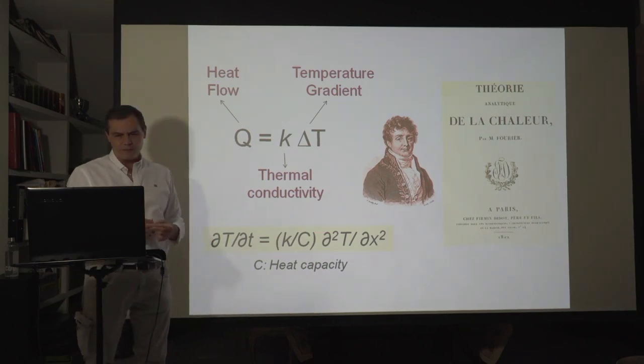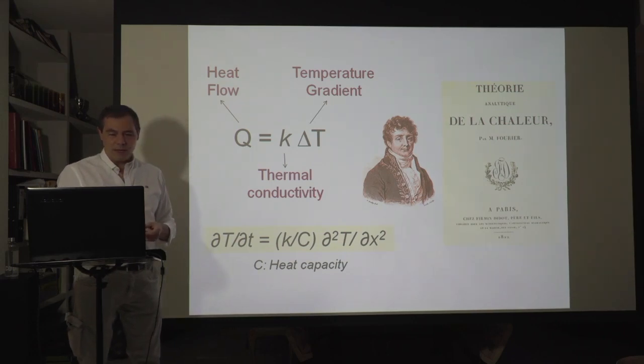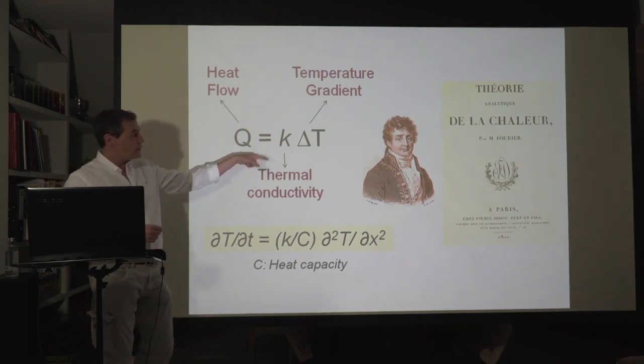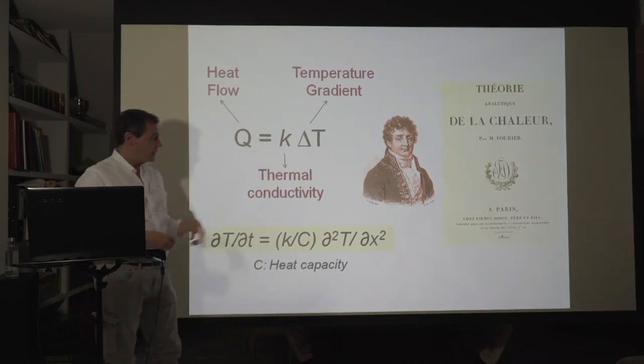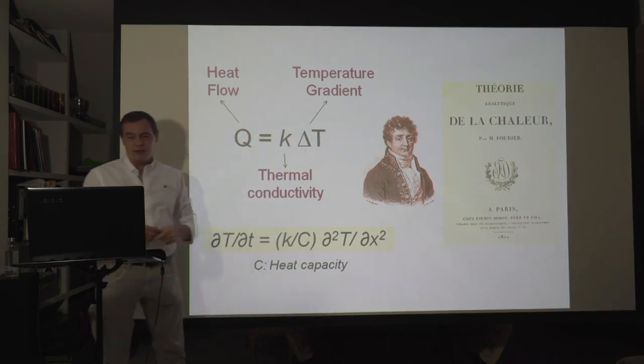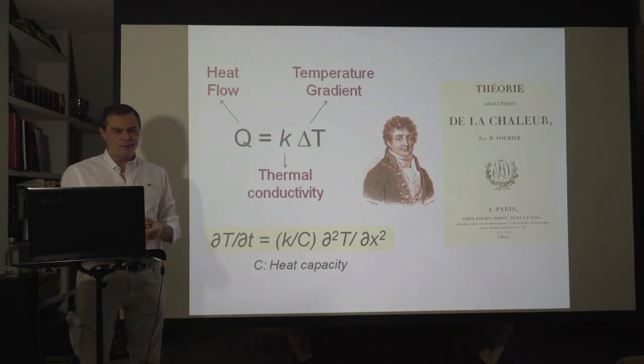So this is the heat flow. What are the parameters that affect the heat flow? Heat flow, Q, equals K, which is the thermal conductivity, times the temperature gradient. The temperature gradient is a vector, and the temperature is not a vector.